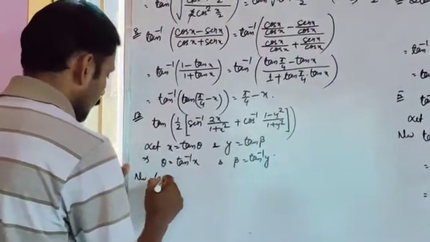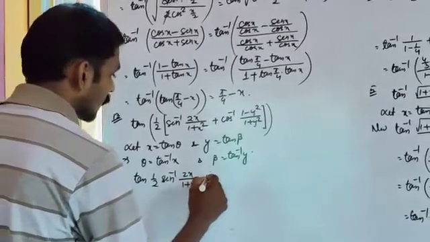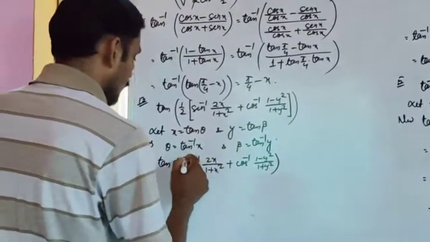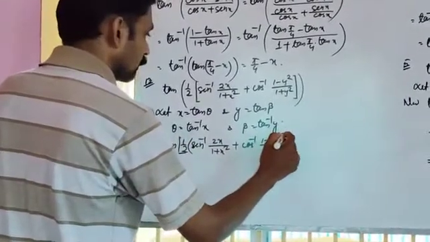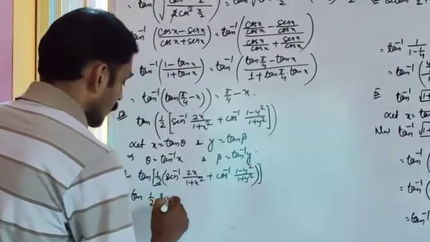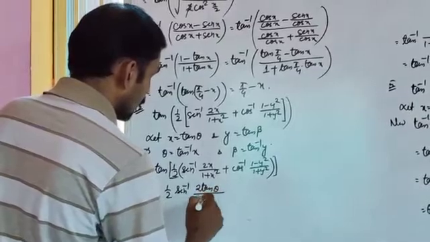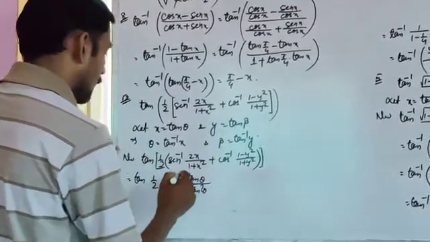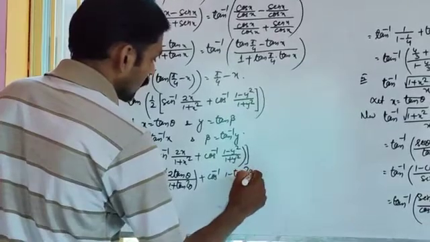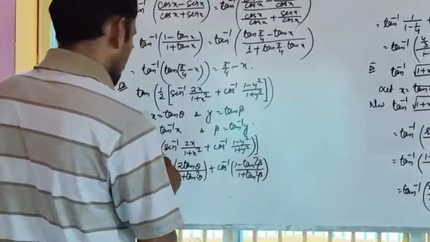Now tan half of sin inverse 2x by 1 plus x square plus cos inverse 1 minus y square by 1 plus y square is equal to tan half of the sin inverse 2 tan theta by 1 plus tan square theta plus cos inverse 1 minus tan square beta by 1 plus tan square beta.